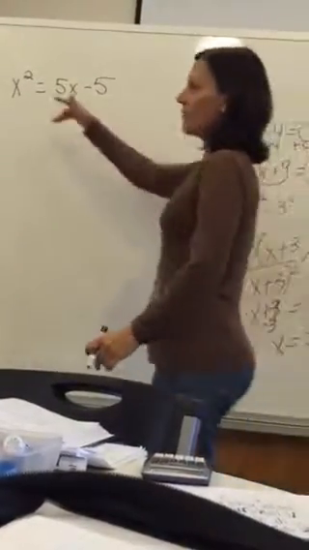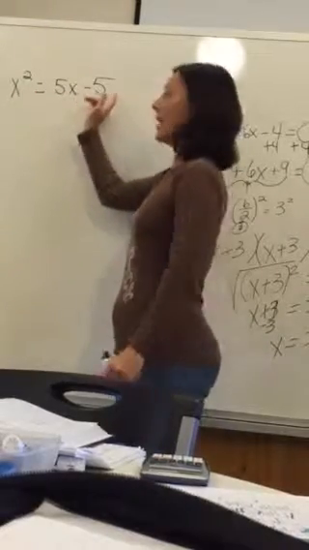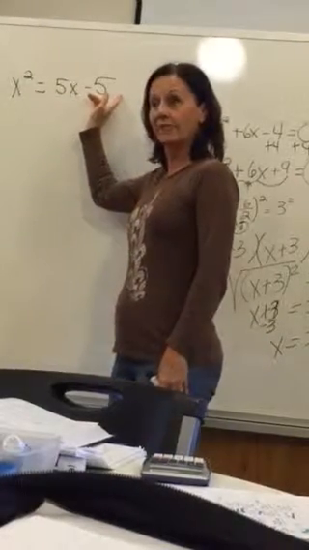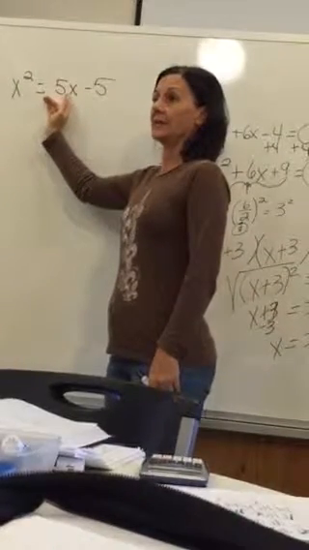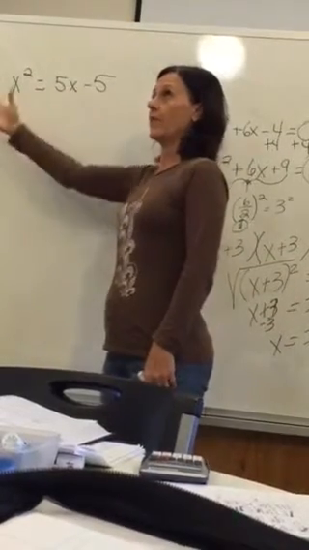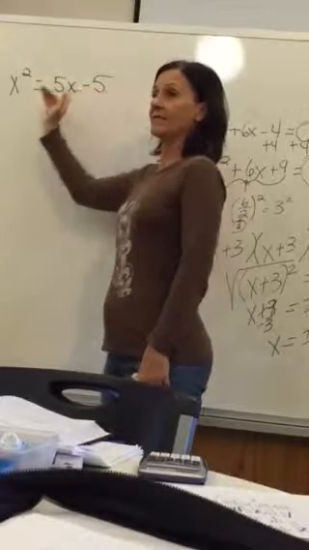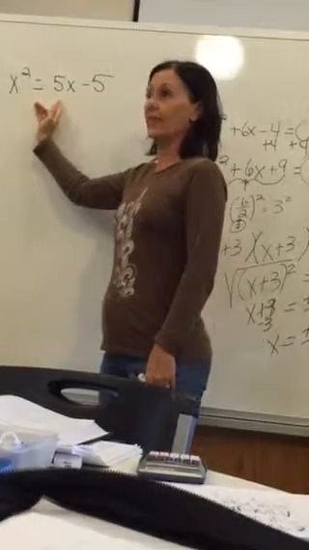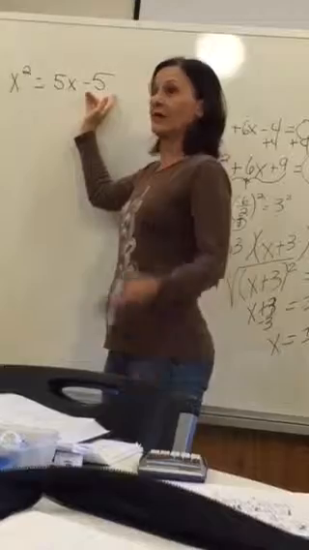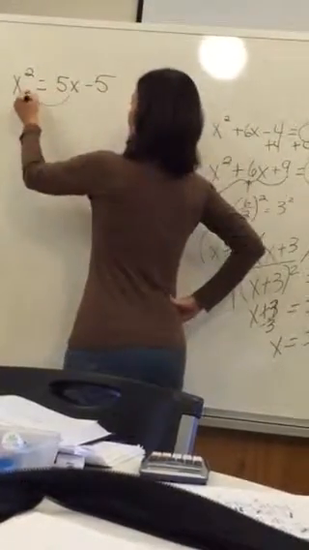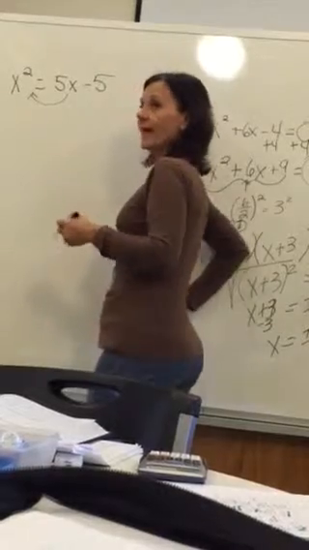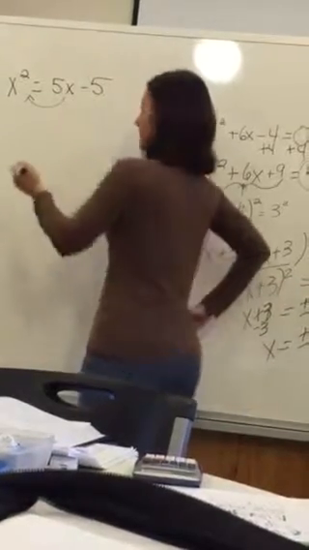I could move everything over first, and I would ask myself, do I have factors of 5 that add up to negative 5? That would be two negatives, right? Negative 5 and negative 1 is negative 6. It will not work. So I'm going to move my 5x over and then complete the square.